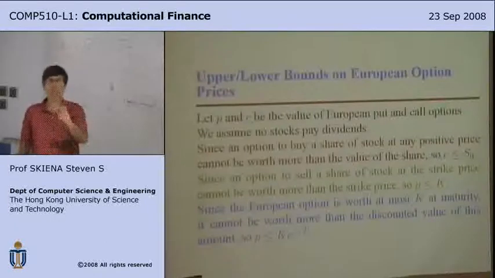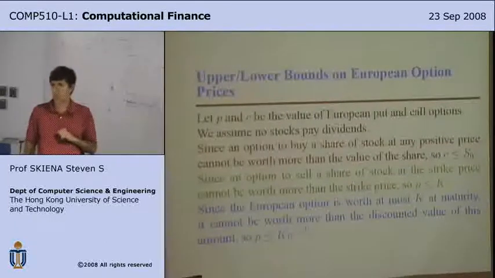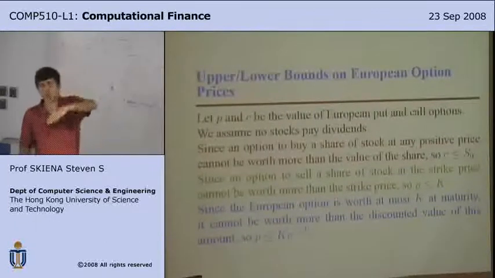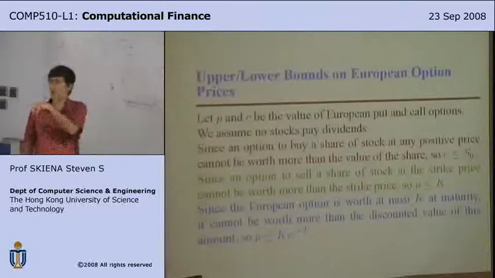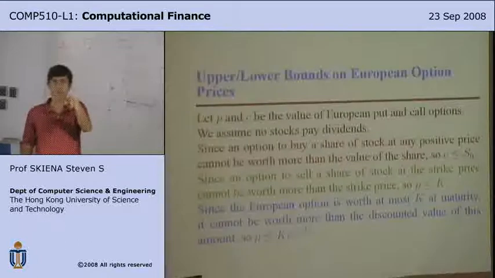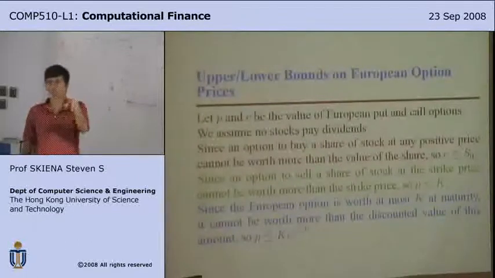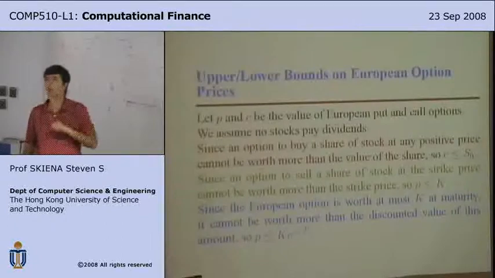As you push the strike price higher, the call option price will be lower. And that's why that inequality holds. Any questions about any of these? Like, I don't see why this makes sense. That would be a good question. Any questions?